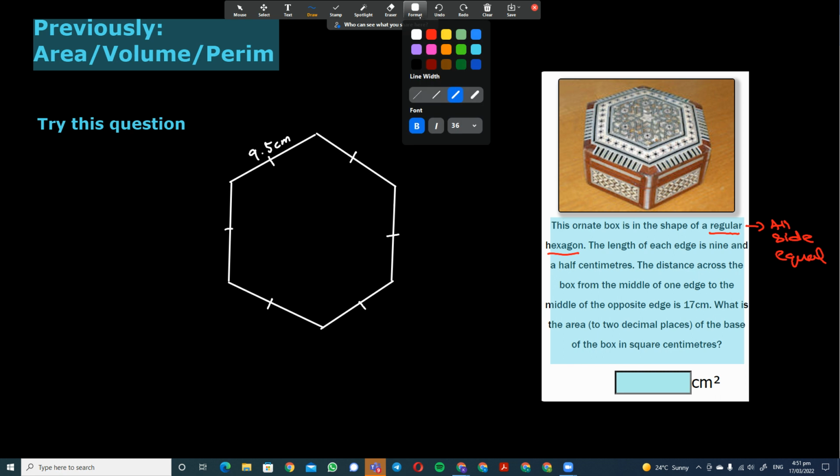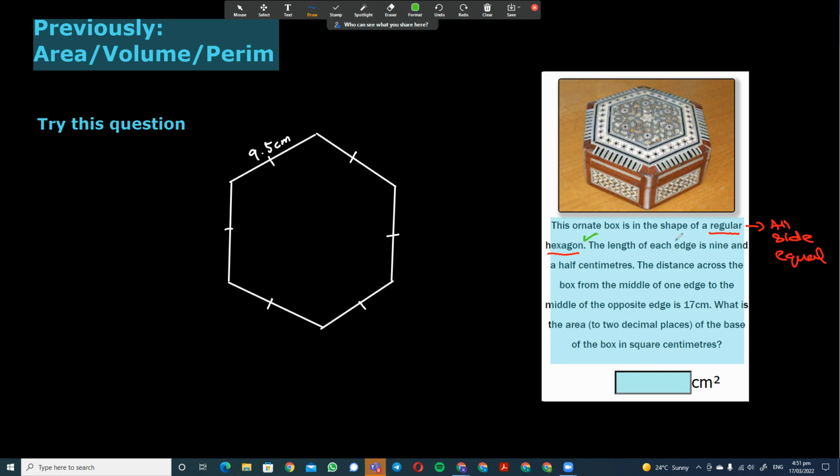Okay, so we got that done. So we know it's regular. The distance across the box from the middle of one edge to the middle of the opposite edge is 17 centimeters. Okay, so if I take the distance from the middle of one edge, remember the edge is a side. Don't forget what an edge is. That's an edge.